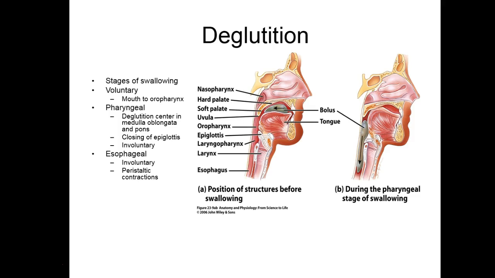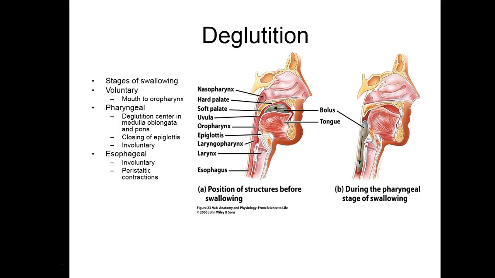And then into the pharynx. So they're just listing the buccal phase as the voluntary phase there, mouth to oral pharynx. And then you have the pharyngeal phase, where you have the brainstem coming into play, with the medulla oblongata and the pons, that is then going to start controlling it.